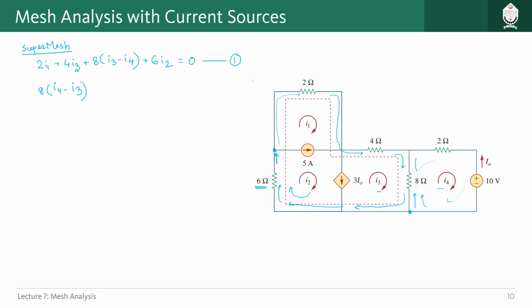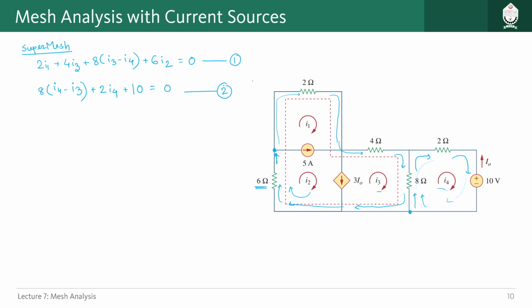Then we will again start going. Here we have 2 ohm and the current is I4 in the same direction, so 2 I4. Again here we have a voltage source and the positive sign is in the top direction, so here we have the second equation.